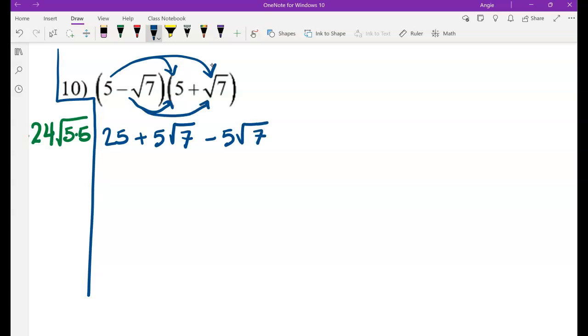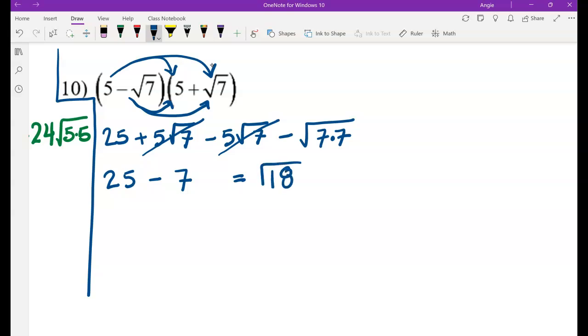Negative rad 7, guys, times a positive rad 7 is a negative 7 times 7 because they're both radicands. Okay, so 25, these are exactly the same but opposite signs, so they are going to be dropped. Square root of 7 times 7, that is a pair that can be dropped down. 25 minus 7, that is going to be 18, and we are going to box that up.